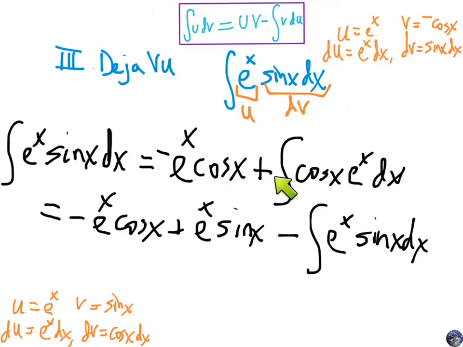Well, this is where the beauty of the déjà vu technique comes in, because even though this is the same problem, that's okay, because we can take this and add it over to the other side.